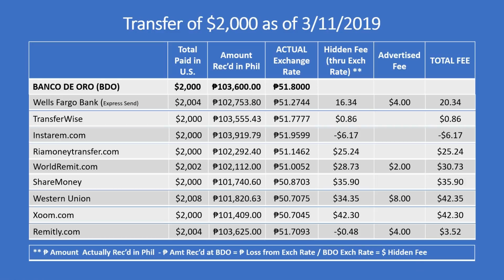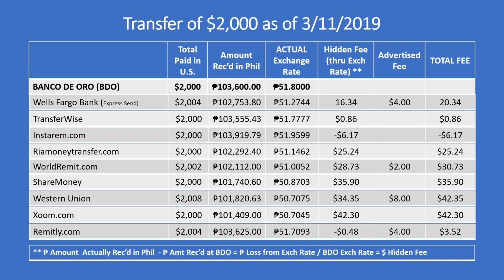It's small, because if I were to go to Wells Fargo to do that, because under this express send service, it will have to be converted to peso. If I want to send dollars to my Wells Fargo dollar account, I will have to pay about $40 or $50 for the transfer.